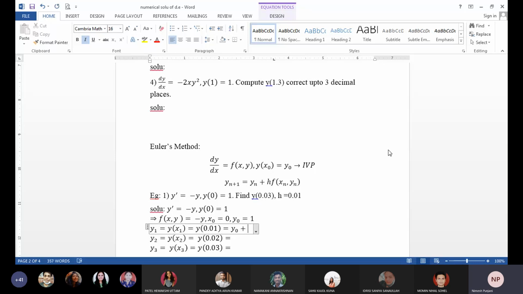And what will we get on the right hand side? It will be y0 plus h multiplied with f of x0 comma y0. Is this part clear? y1 will be y0 plus h into f of x0 comma y0. This we are getting using Euler's method.